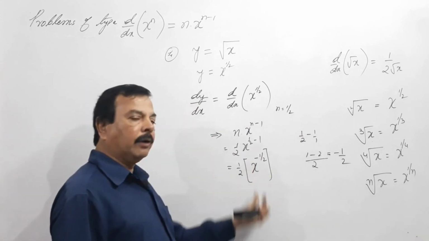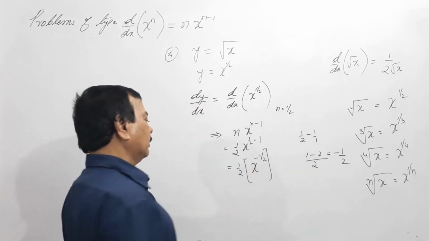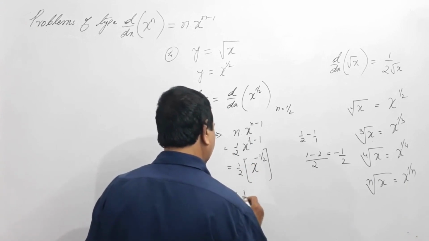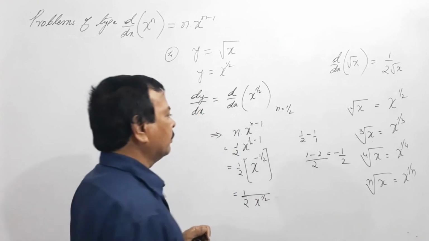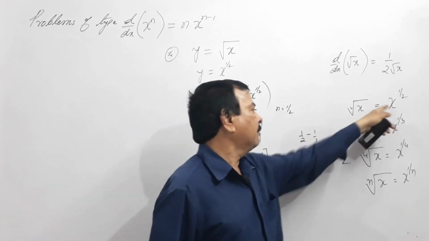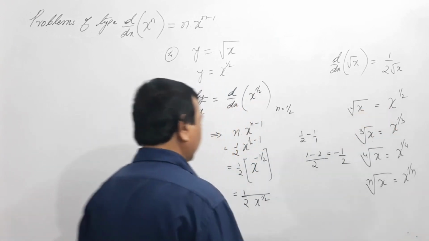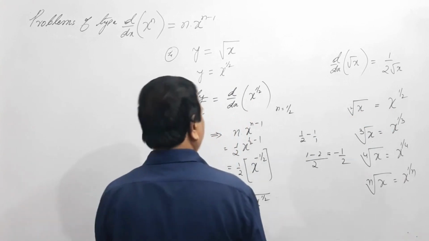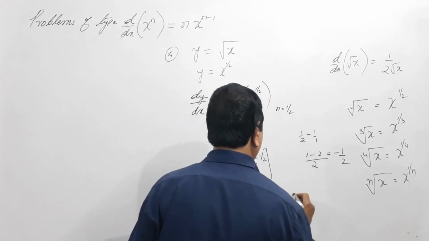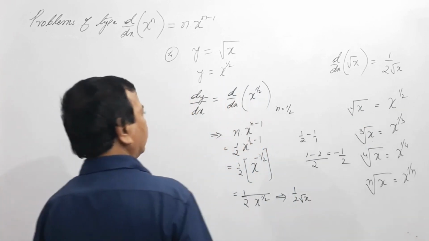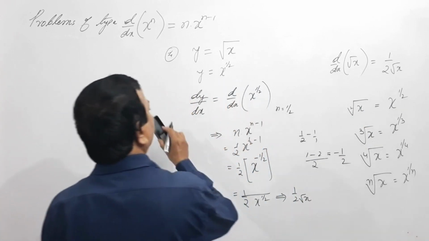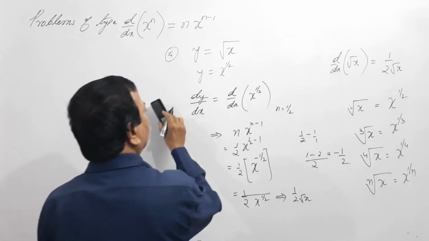So if I bring it to the denominator, it becomes half x to the power of half. And what did I say x to the power of half is? Root x. So this equals 1 by 2 root x.